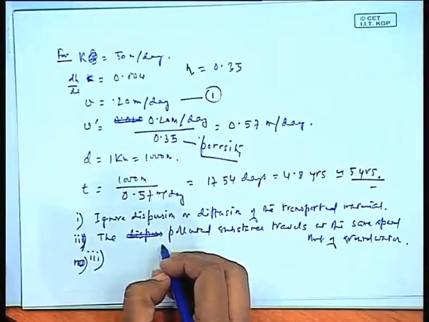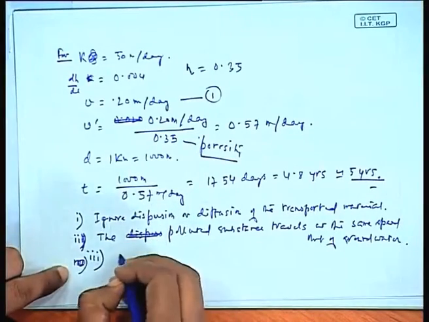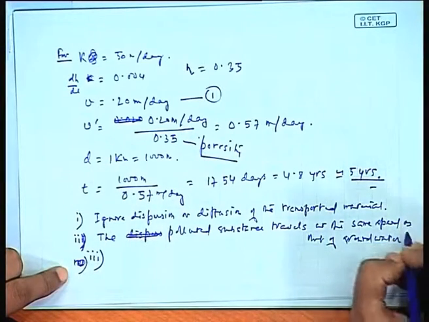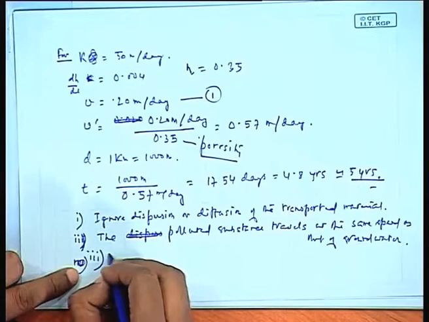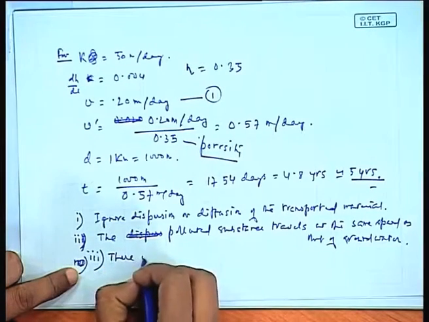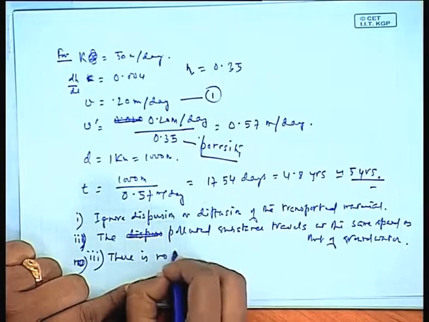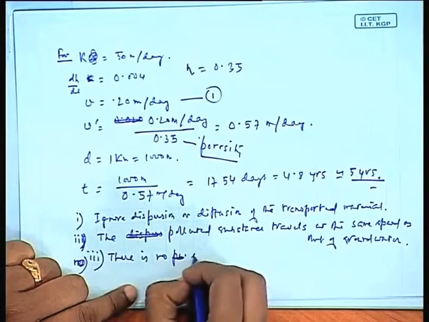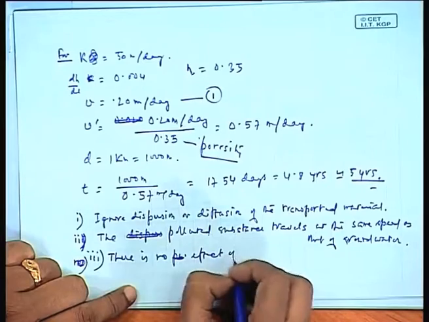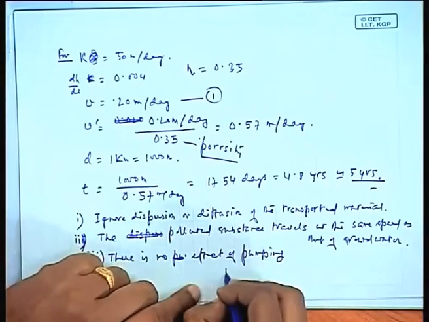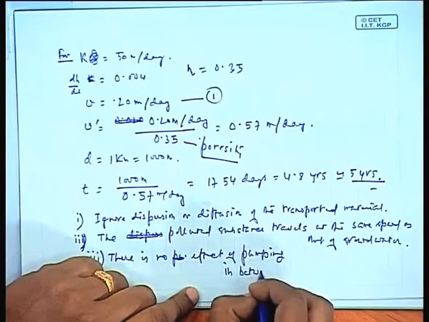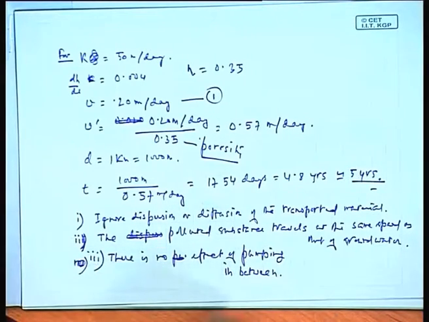When you consider it is perfectly mixed, then you can consider that this polluted substance travels at the same speed as that of the groundwater. And the third is that there is no effect of pumping in between.